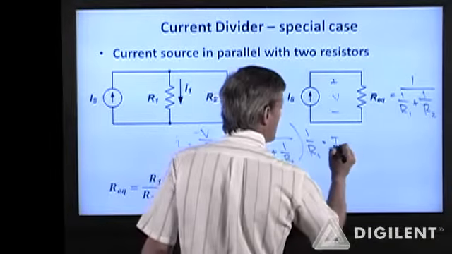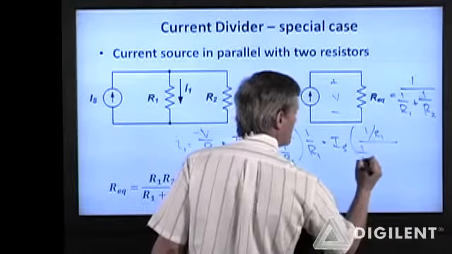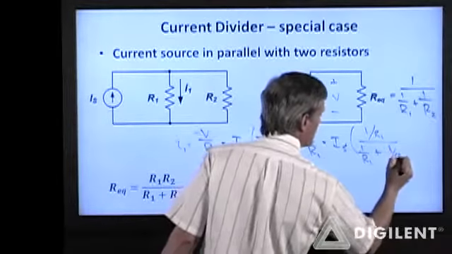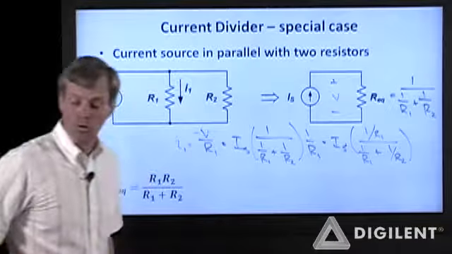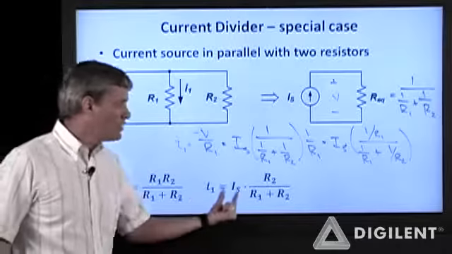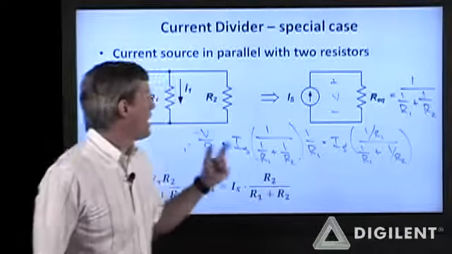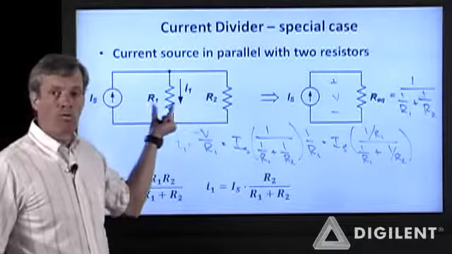This becomes I sub S times 1 over R1 divided by 1 over R1 plus 1 over R2. Multiplying top and bottom by R1 times R2 gives us I1 is I sub S times R2 over R1 plus R2.